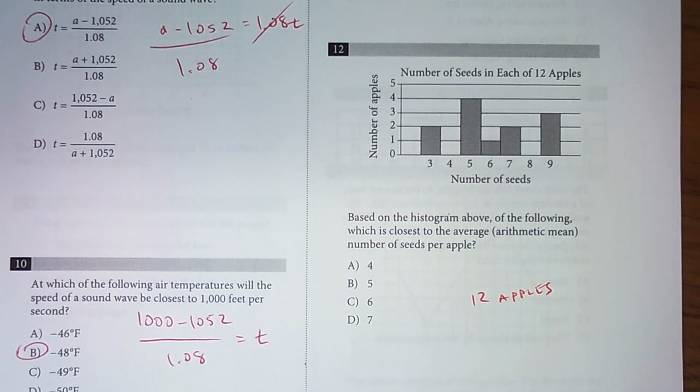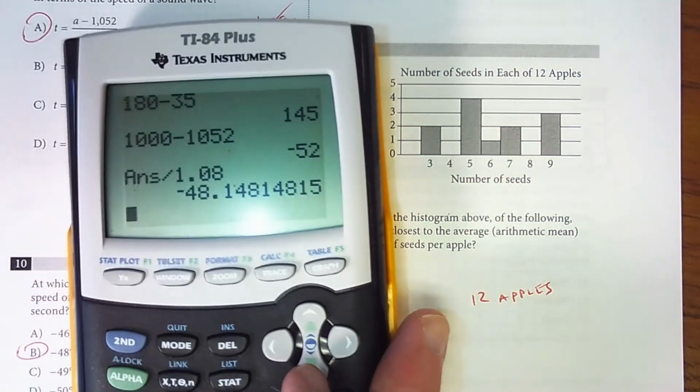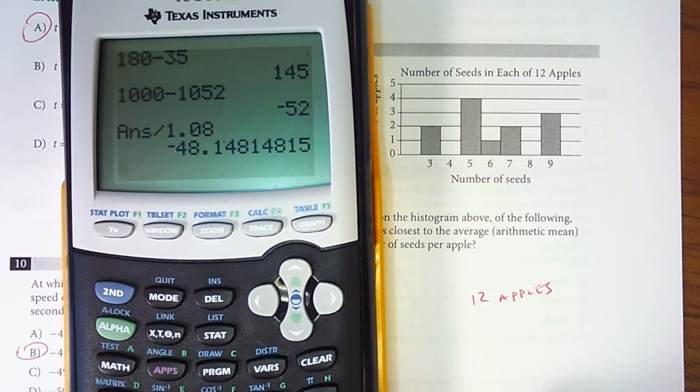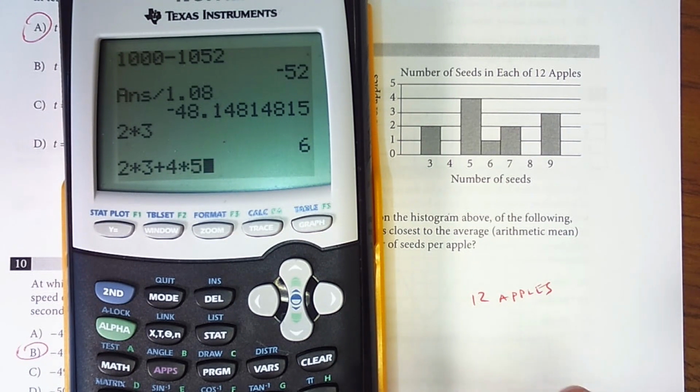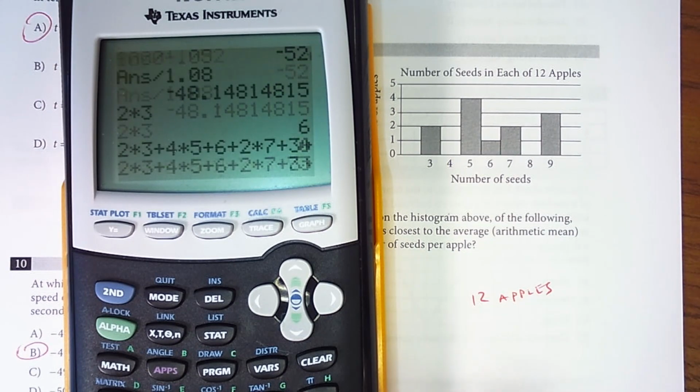And how many seeds do we have in those 12 apples? We'll use the calculator to add up the number of seeds. We have 2 apples that have 3 seeds. I'm going to do that like this: 2 times 3 plus 4 apples with 5 seeds plus 1 apple with 6 seeds plus 2 apples with 7 seeds plus 3 apples with 9 seeds.